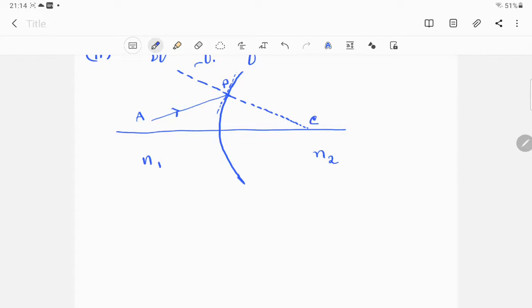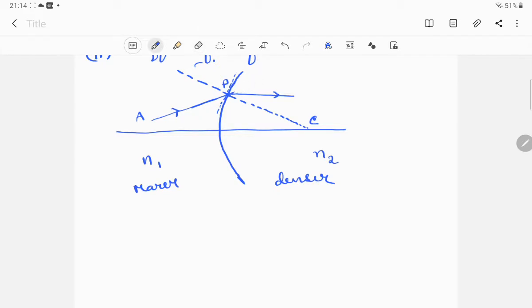Whenever the ray of light is passing from a rarer to a denser medium, it moves closer to the normal. It was supposed to go in this direction, but it will not go there; it will move towards this direction. So I will remove this unnecessary part.